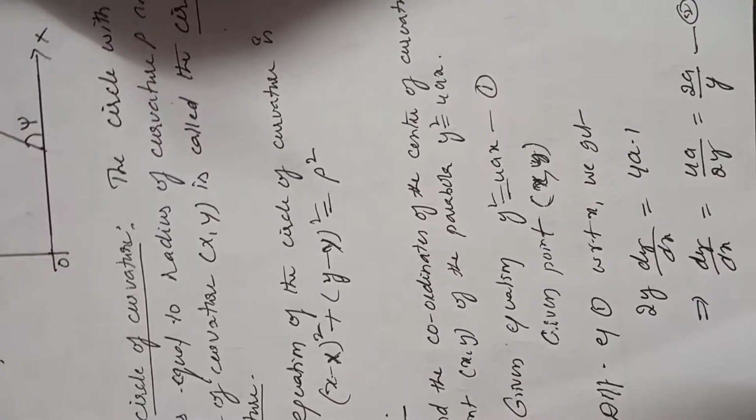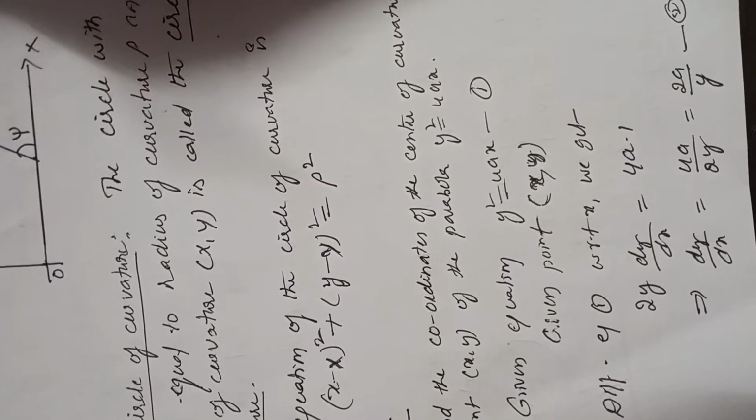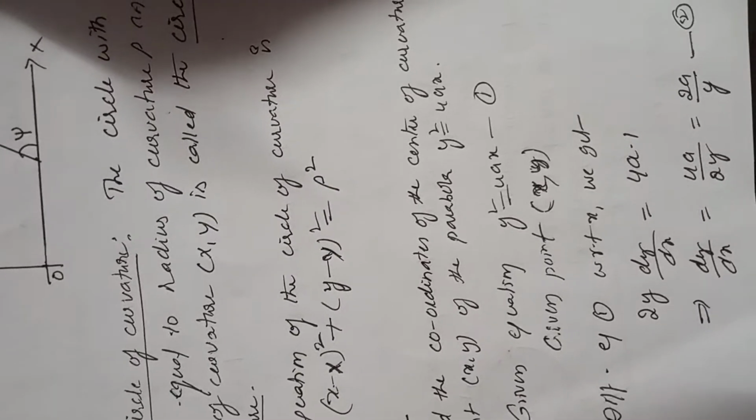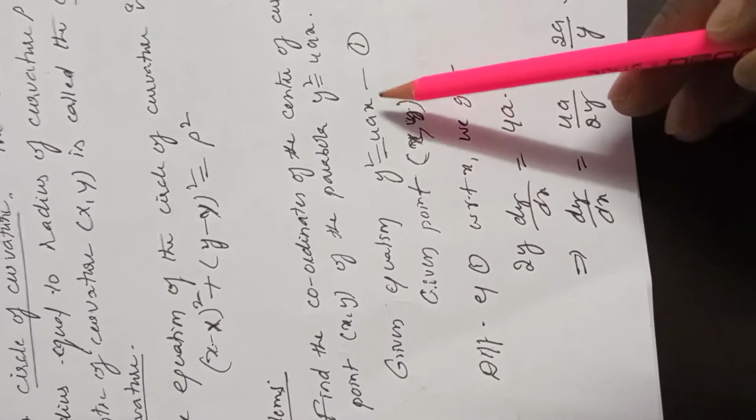What are y1 and y2? y1 is nothing but dy by dx and y2 is nothing but d square y by dx square. That means we have to find dy by dx and d square y by dx square, and you have to substitute in the formula where capital X comma capital Y are the coordinates of the center of curvature. Here the given equation is y square is equal to 4ax.